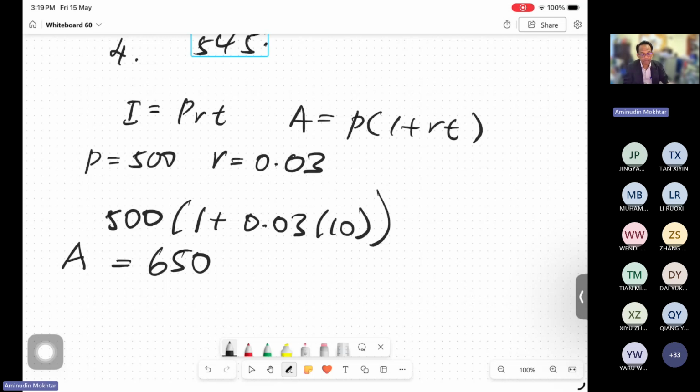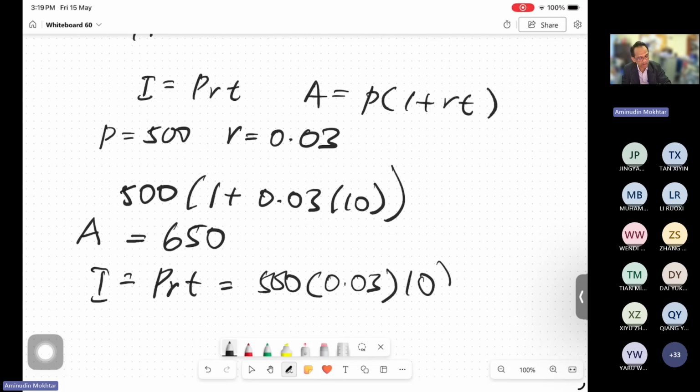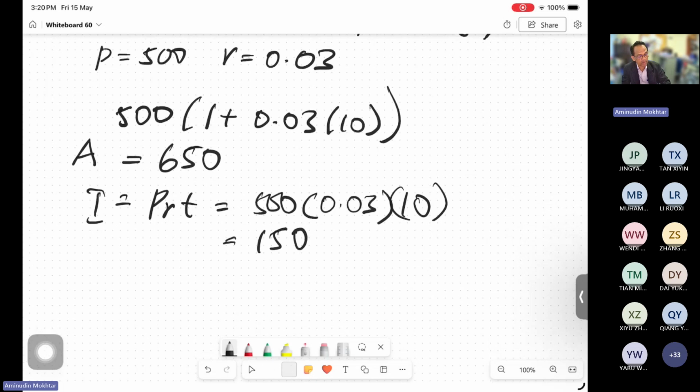And then, how much interest do you receive for 10 years? So I equal to PRT. So this is 500 times 0.03 times 10. For 10 years, the answer is 150.